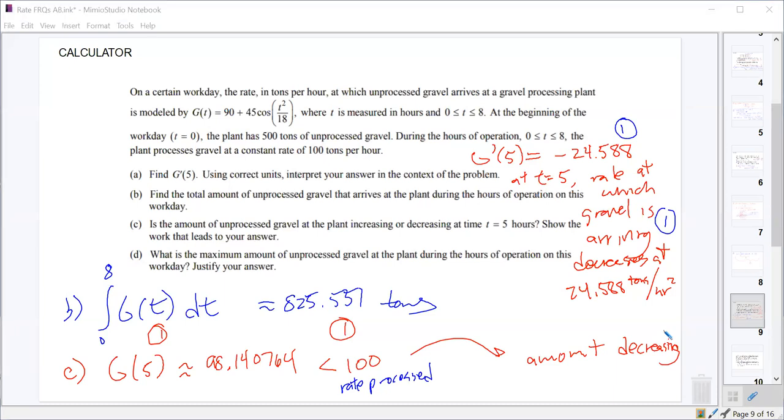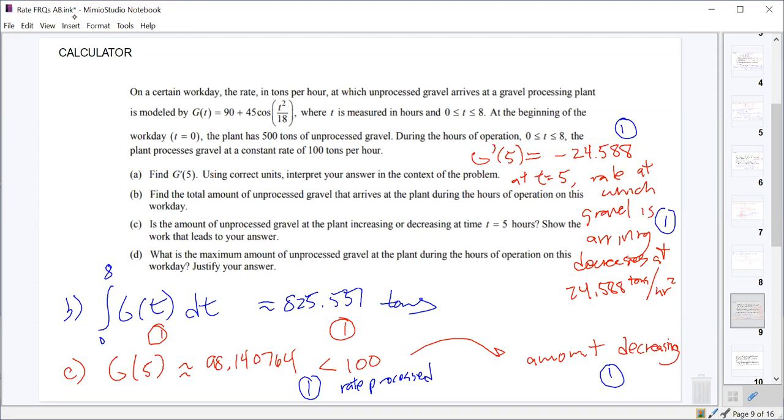And you would have gotten 1 point for comparing these together and 1 point for saying it's decreasing. Good or no? Okay.